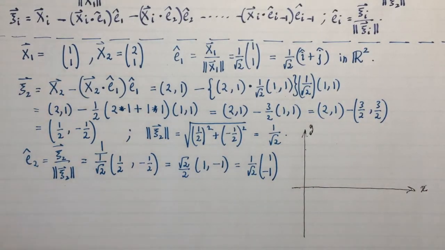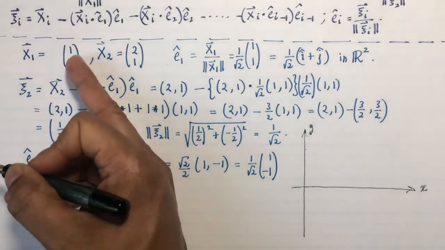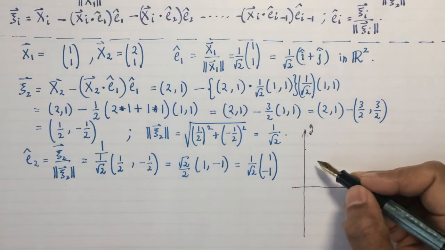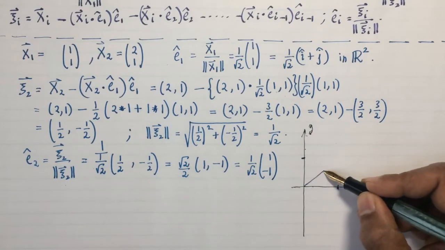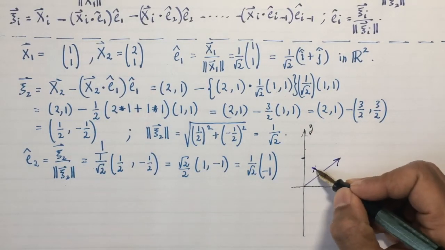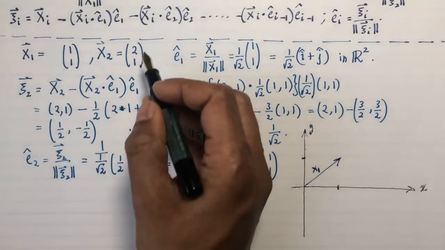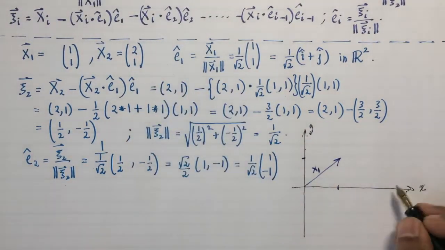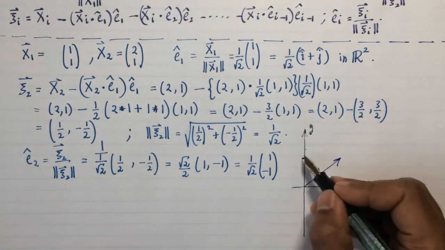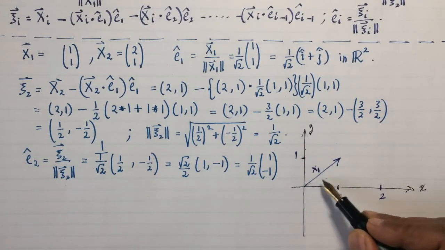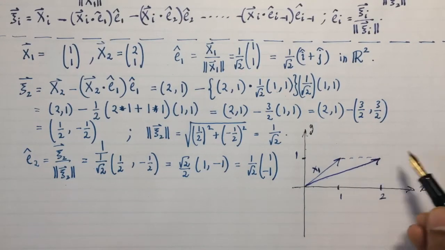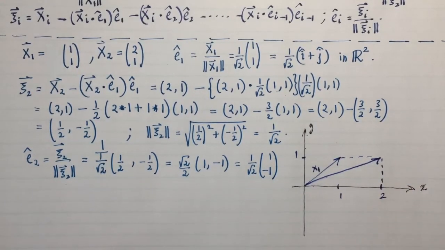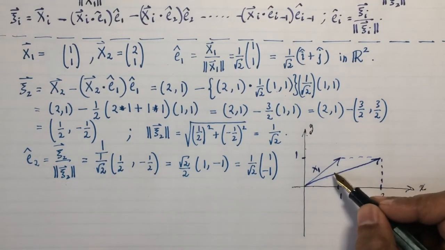Let's draw the vectors x1 and x2 first. x1 is going to be (1, 1), x component is 1, y component is 1, that's going to be your vector x1. Vector x2 has x component 2, y component 1. So you can clearly see they are linearly independent, but they are not orthonormal. They make some acute angle between them.